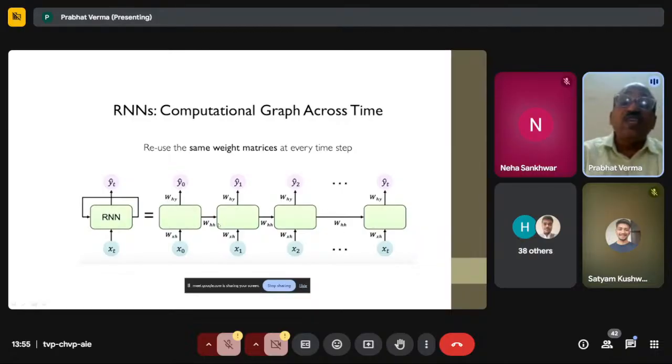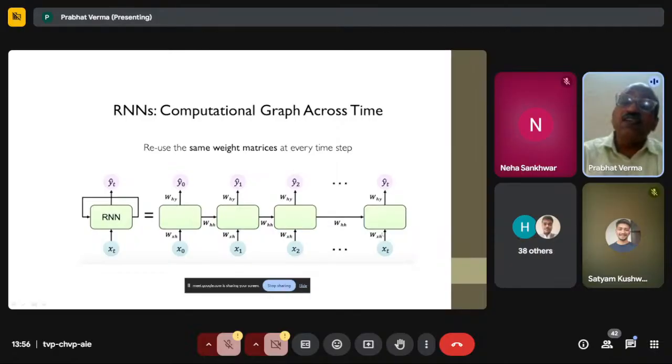So three types of weight parameters are there. One is between the input and the hidden variable, called WXH. The second is between one neuron and the other, in the internal state, that is WHH. And the third is between the hidden state and the output variable, known as WHY.